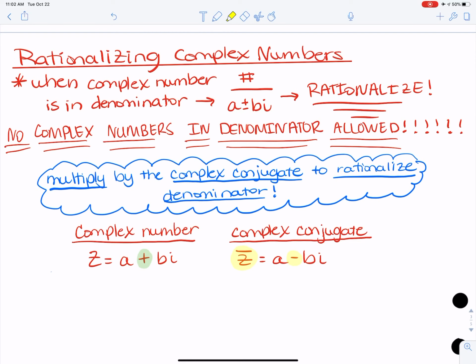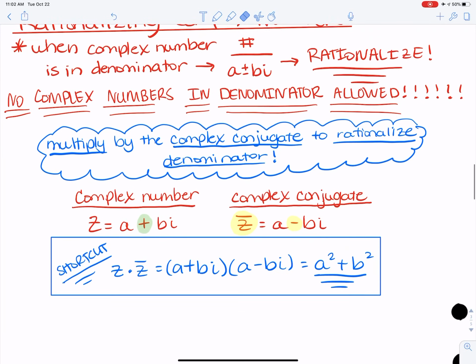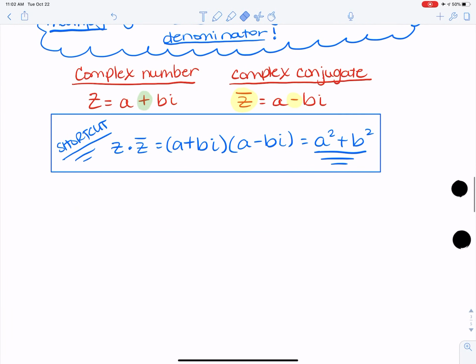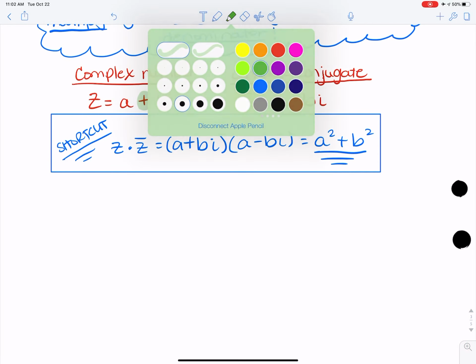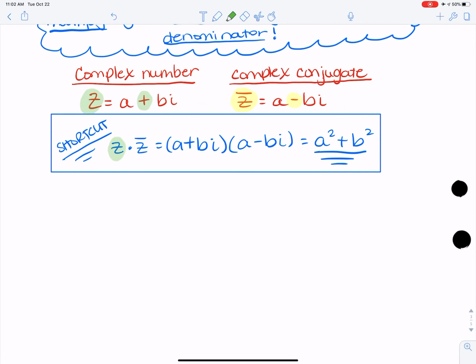And so when you multiply by a complex conjugate, you're multiplying z, your complex number, times your complex conjugate. So here's my z, times the complex conjugate, just those two.